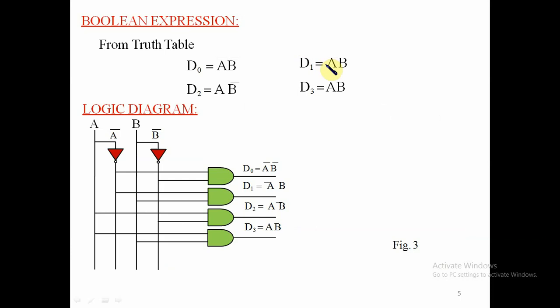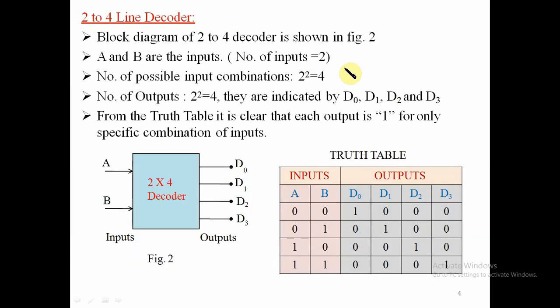In D1, B is 1, hence A bar B. In the third term, A is high and B is 0, hence A, B bar. And last one, both inputs are active high, hence A, B.